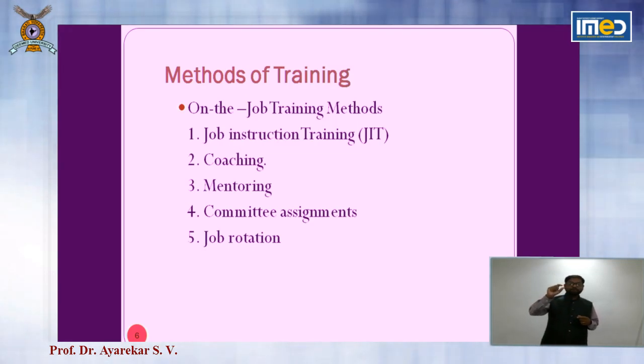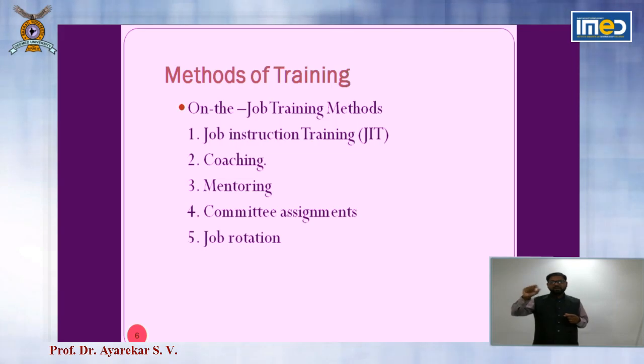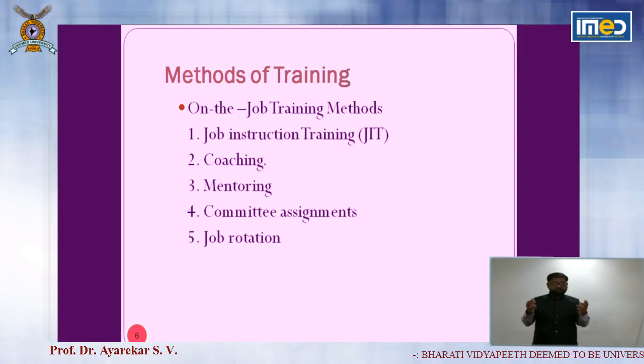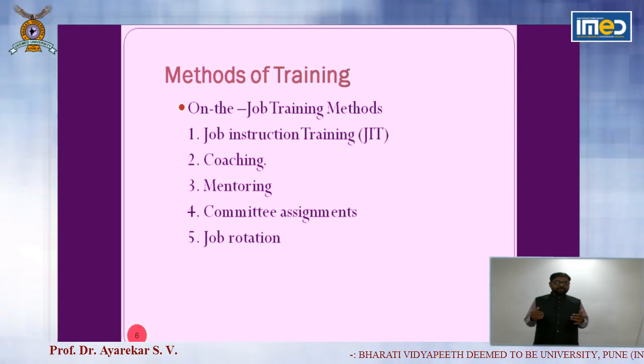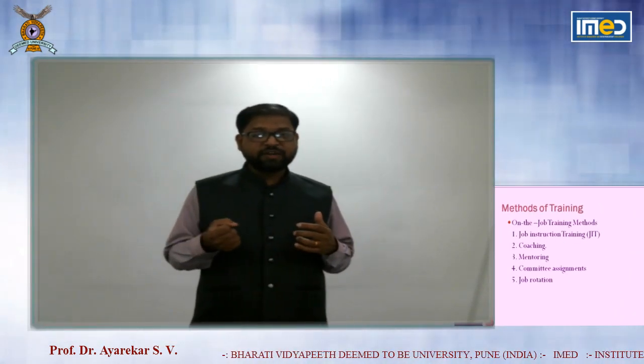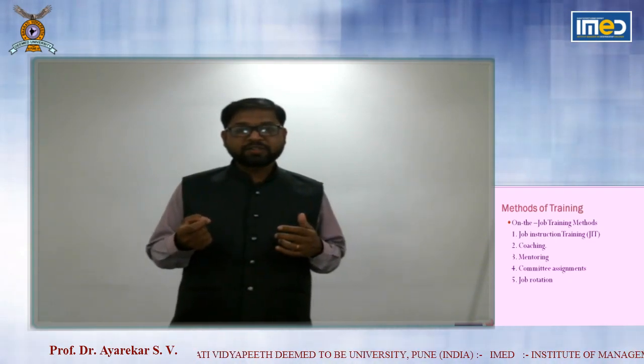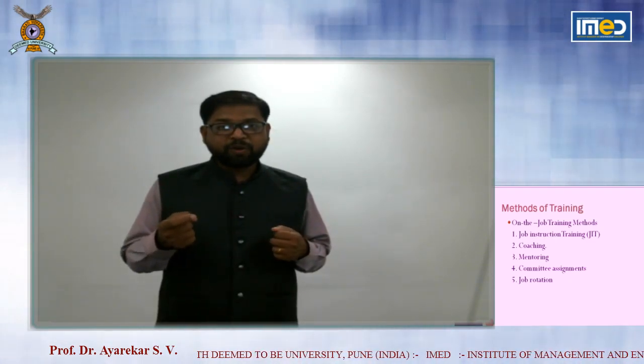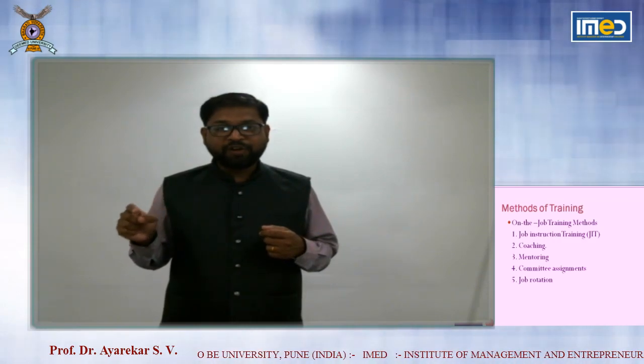The trainer will first perform step number 1, then step number 2, step number 3, step number 4, step number 5. Then he is going to call the trainees. Trainees will observe that. And then he is going to call each trainee one by one, and ask them to perform steps 1, 2, 3, 4, and 5.